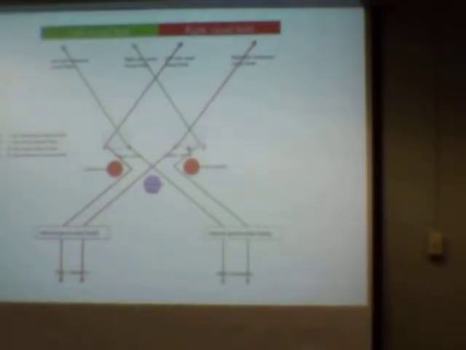Those retinal fields see the opposite visual field. The visual field means what's out there in the environment. So if we look at this green line here, this part of the retina, the left eye's nasal retinal field sees this temporal visual field out here.